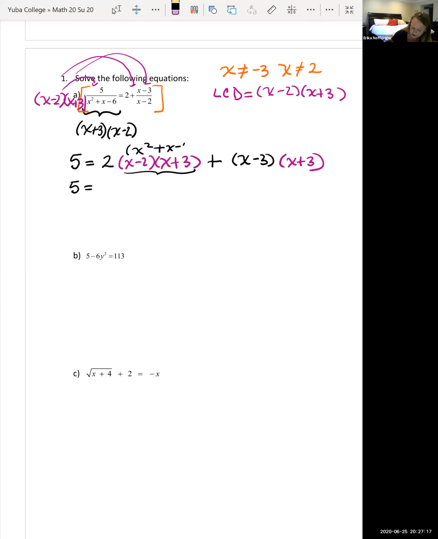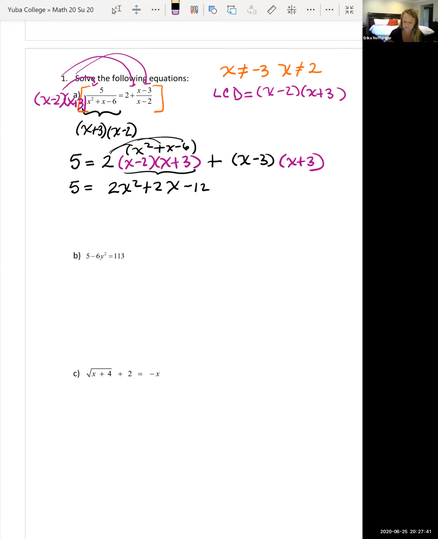We had factored that. And so let's distribute that 2 to that. And so that gives us 2x squared + 2x - 12. And then if I distribute x - 3 times x + 3, that's a difference of squares.